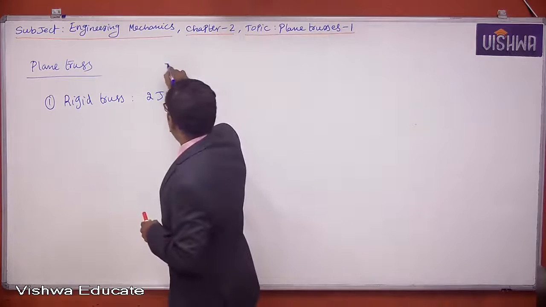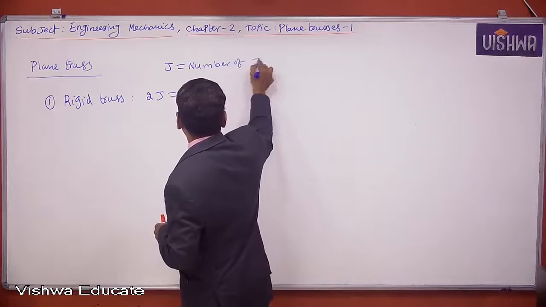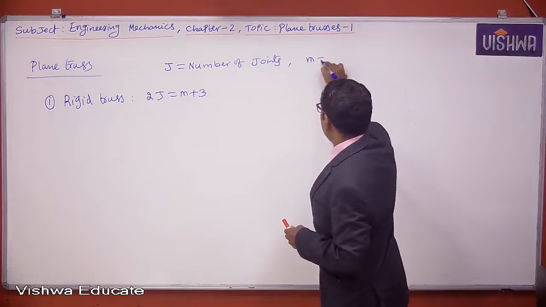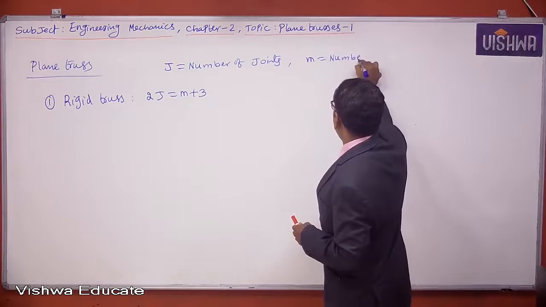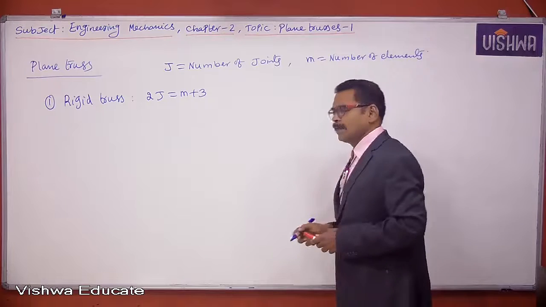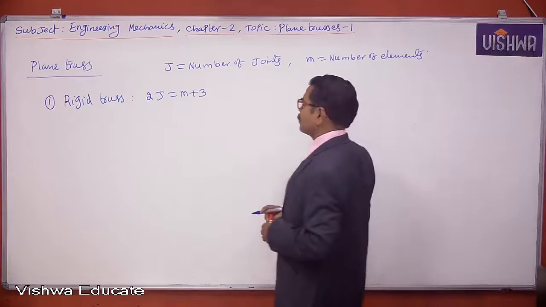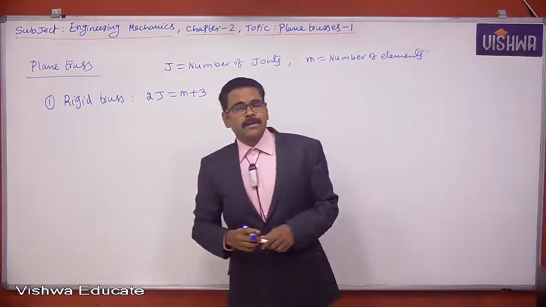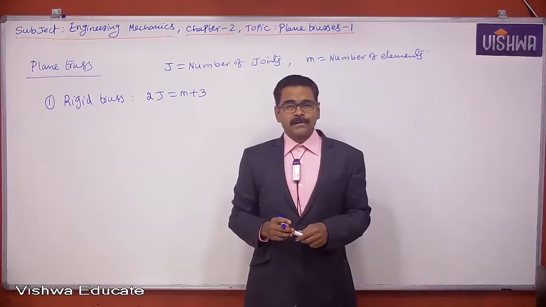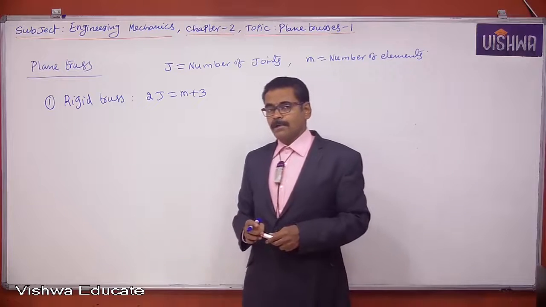Here, j is equal to the number of joints, and m is equal to the number of elements or members. If 2j is equal to m plus 3, that kind of truss is called a rigid truss or perfect truss.